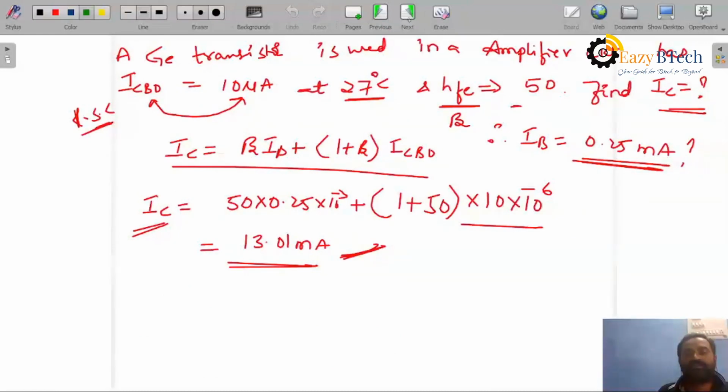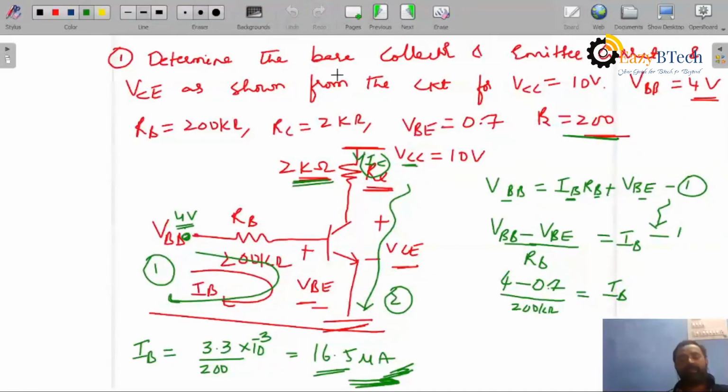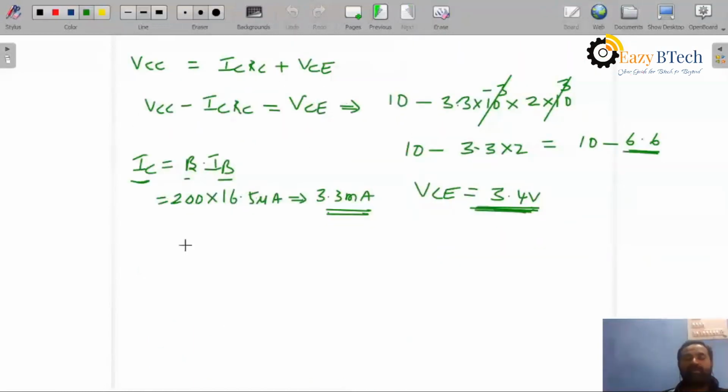Okay, students, see once the problem. Determine the base, collector and emitter current. Okay, now here collector current find it, base current find it, base current, collector current and emitter current. Now you can find the emitter current. What is the emitter current? IE is equal to IB plus IC. What is the value of IB?